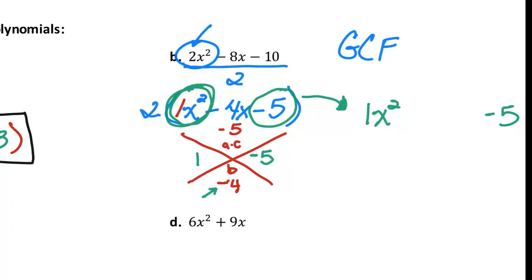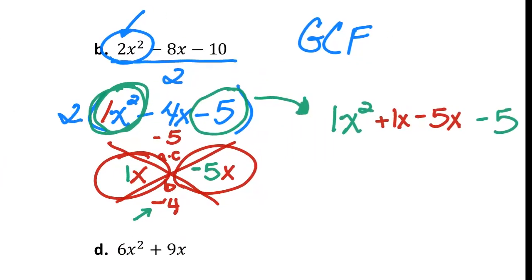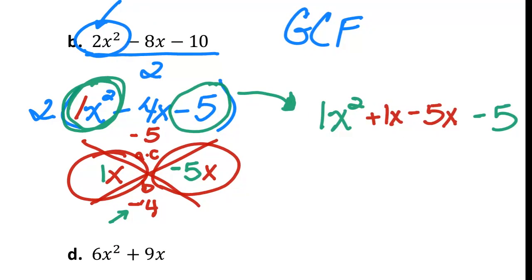And the middle 2 are what we just found on the sides of our x. So negative 4x is 1x and a negative 5x added together. Now that I have 4 terms, I factor by grouping, right?